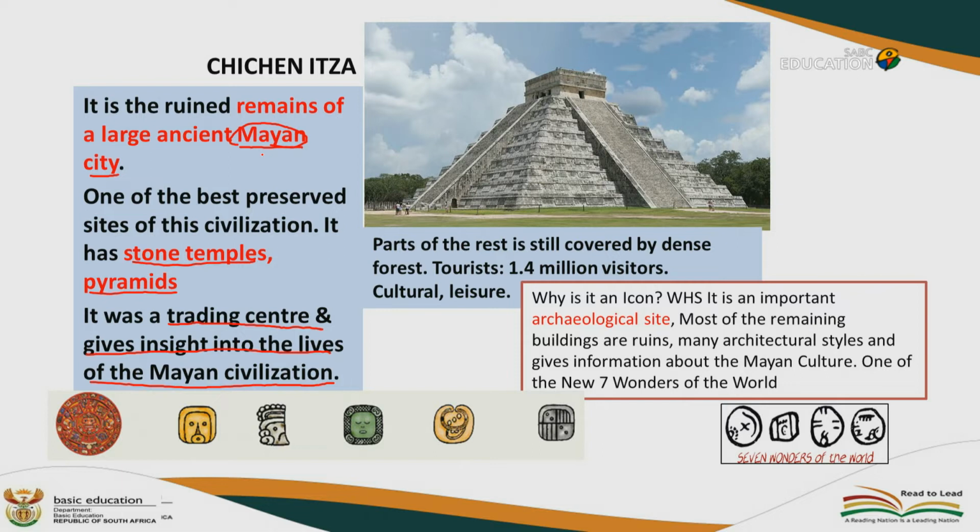It means they went to this icon to go and sell what they have. And it gives insight into the lives of the Mayan civilization. It means when you visit this icon, you are able to know how these people lived. Part of the rest is covered by dense forest.